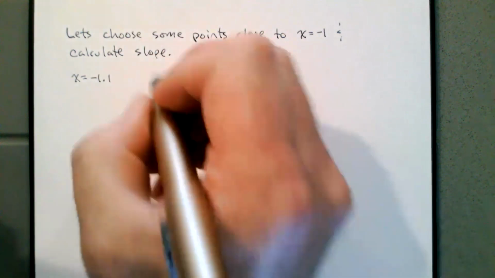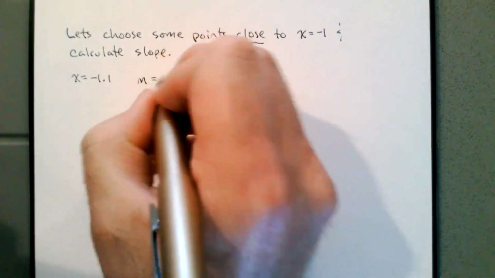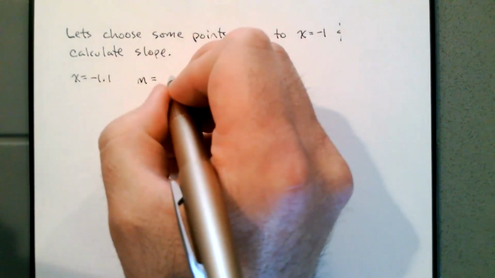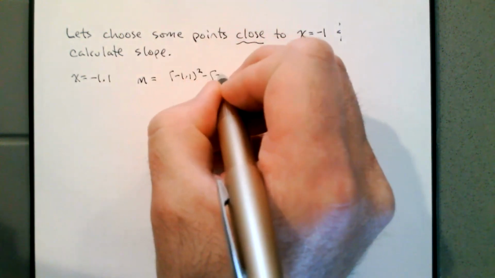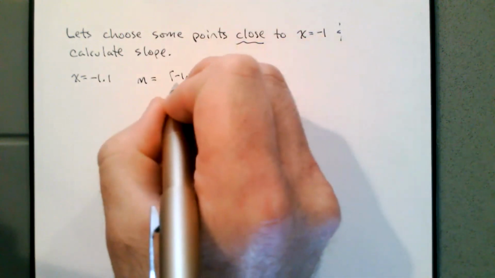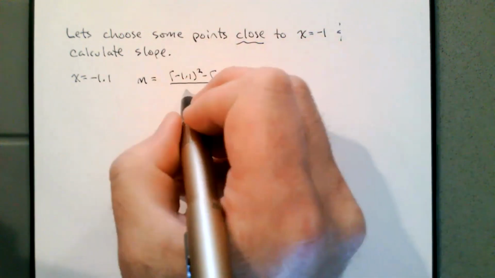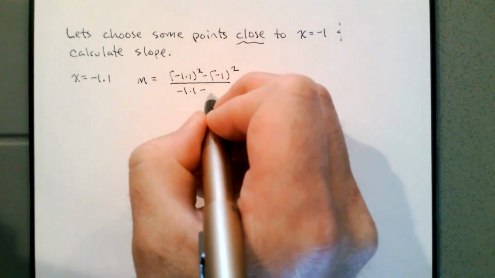And we'll calculate the slope. We'll do -1.1 squared minus -1 squared. We'll look at the difference in the y's, and we'll divide by the difference in the x's.